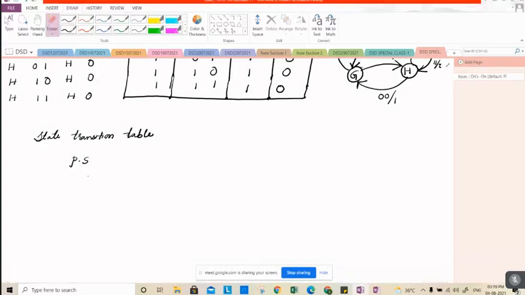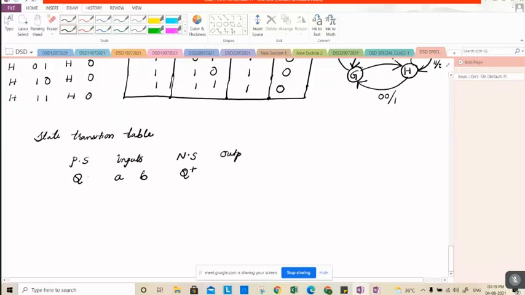Only 1 bit is sufficient here. Let it be Q. How many inputs do we have? Present inputs are 2, A and B. Next state is represented with Q plus. Output is represented with Y. Then how many flip-flops are required? Only one flip-flop. Let it be D.